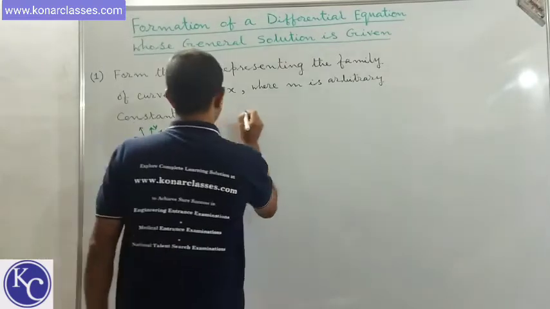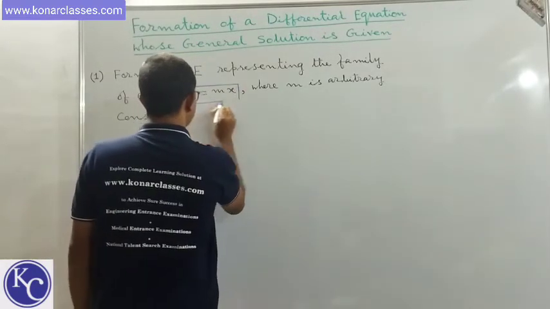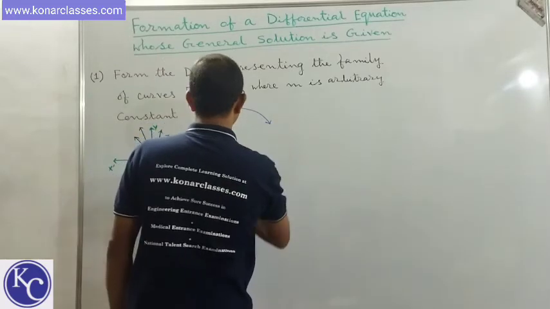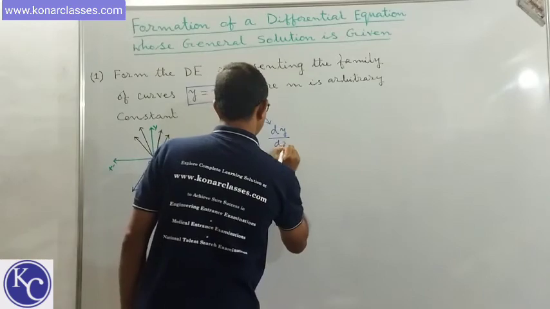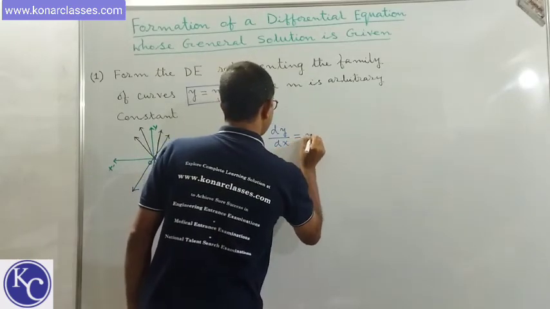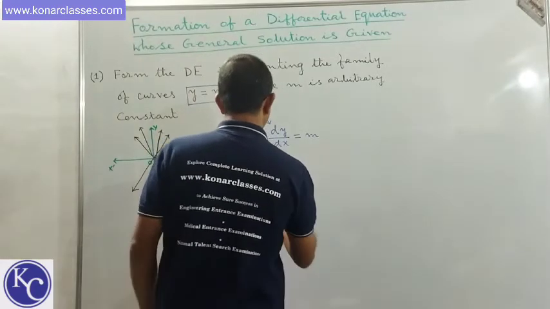Differentiation. So from this equation y equal to mx, what will we do, dear students? We are going to differentiate both sides with respect to x, and we will get dy/dx is equal to m. Now what is the value of m? m equal to y by x.